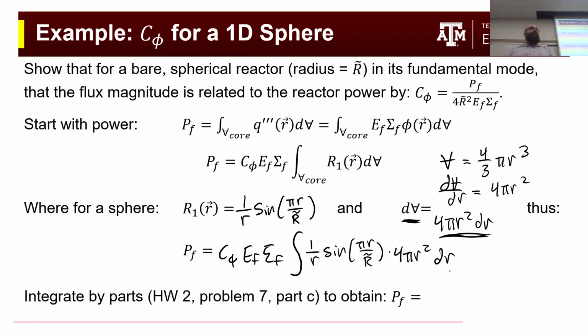And now that we've written the integral in terms of r, it's going to go from r equals 0 to r equals the extrapolated radius, which was that R tilde.